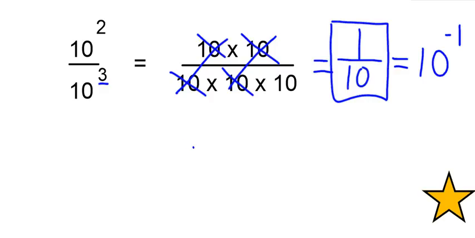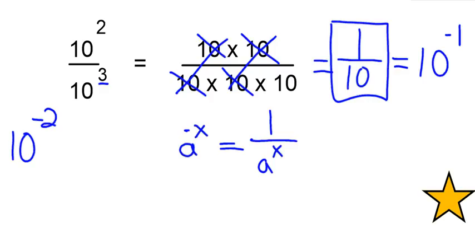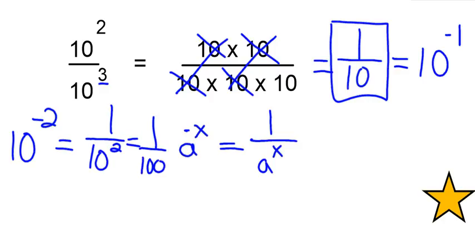If I were to take a number, let's say A to the X, and I'll put a negative sign in front of it, so it's A to the negative X, that is really equal to 1 over A to the X. So for another example, if I had 10 to the negative second, that is really equal to 1 over 10 to the second, which would be equal to 1/100th, because 10 times 10 is 100.